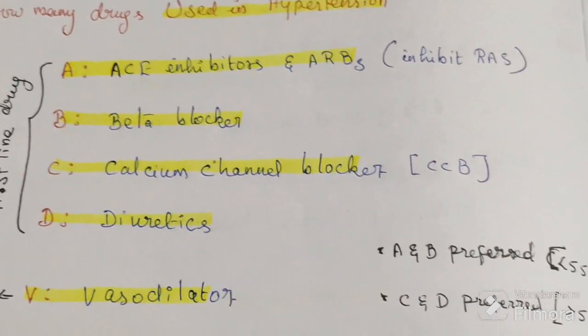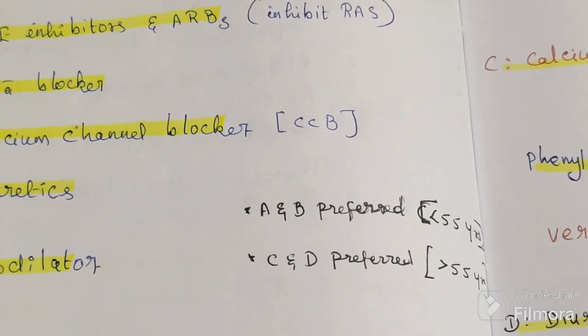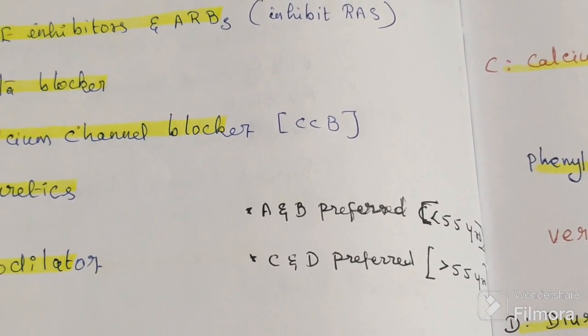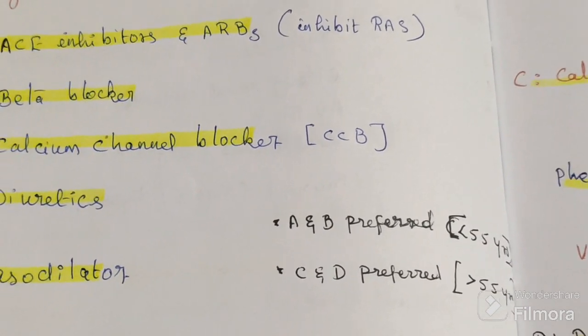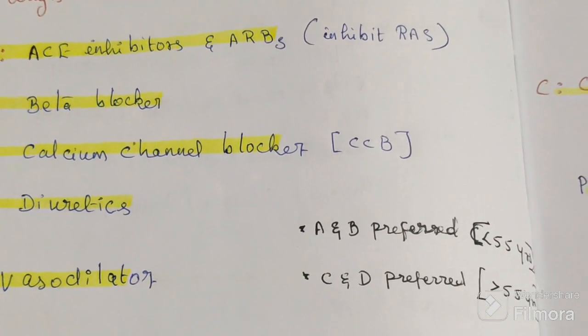Now, what is the rule? The rule is the ABCD rule. A for ACE inhibitor, B for beta blocker, C for calcium channel blocker, D for diuretic.